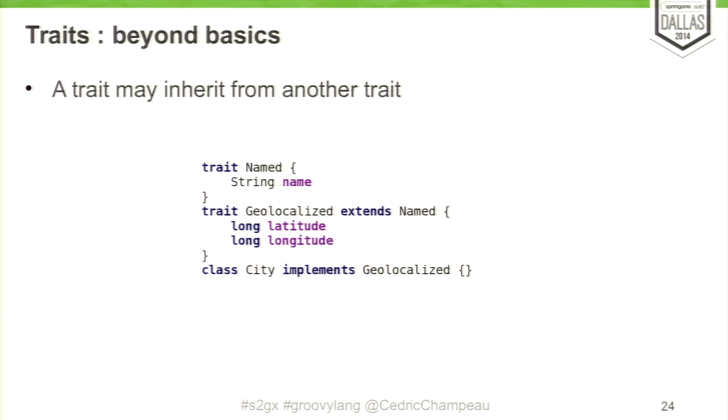It's just an example, but you could have composed and have geolocalized, named, etc. It just really depends on how you think your objects should be, what features you should have. Maybe this isn't the best example, because why would you actually assign a name to something which is geolocalized? Does it belong to that object or not?